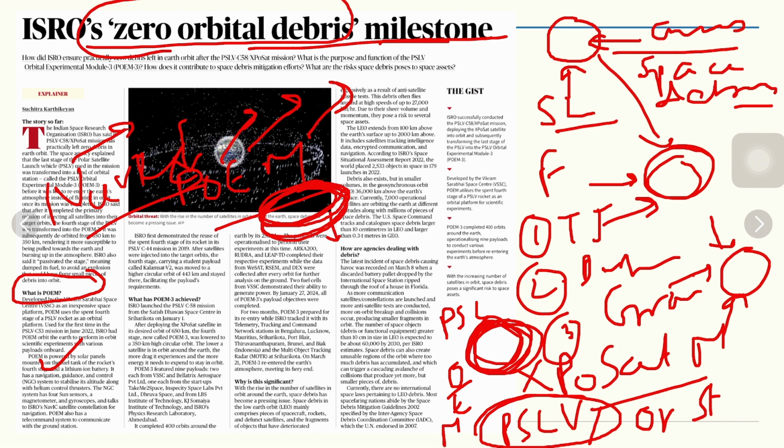By reusing the spent fourth stage of its rocket in the PSLV mission, ISRO actually demonstrated reuse. After the satellites were injected into the targeted orbits, the fourth stage that carried a student payload was moved to a higher circular orbit of 443 kilometers.